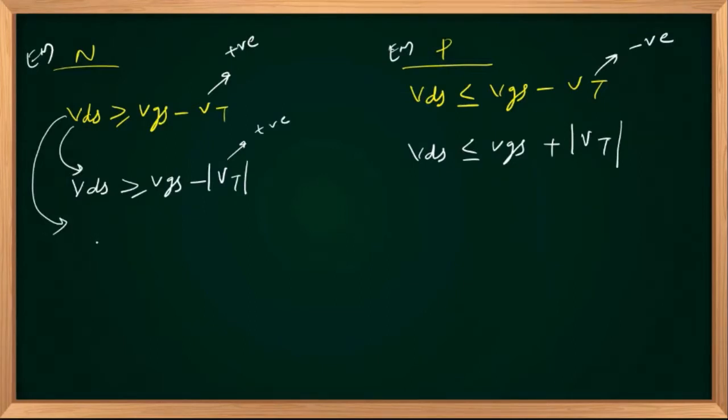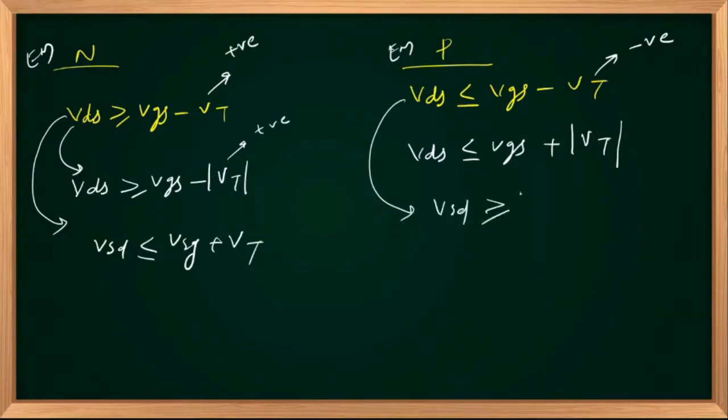If you are multiplying with the negative sign, VSD less than or equal to VST plus VT. That is also true. VSD greater than or equal to VSG plus VT. You should remember this will be negative.